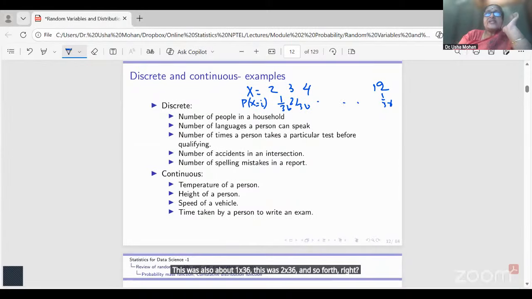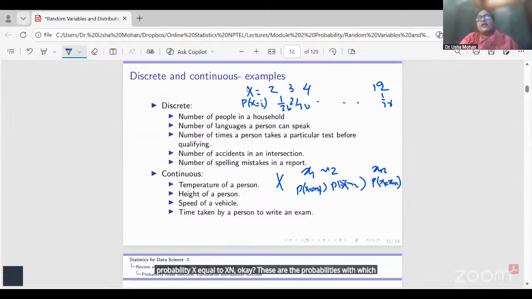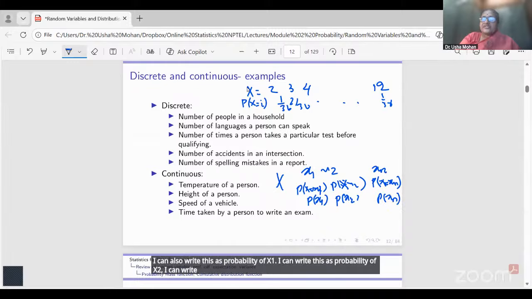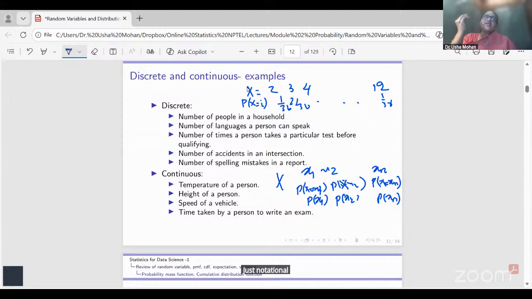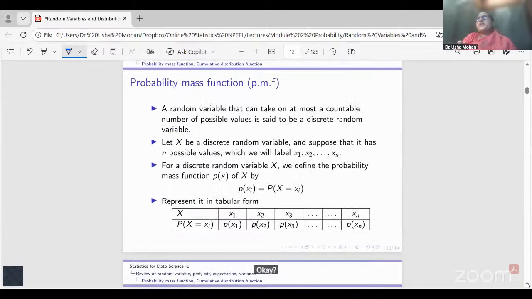In general, if I have a random variable x which takes values x1, x2, up to xn, with probability x equal to x1, probability x equal to x2, up to probability x equal to xn, these are the probabilities with which the random variable takes the values. I can also write this as p of x1, p of x2, p of xn. This is just notational convenience; some books might refer to it differently.